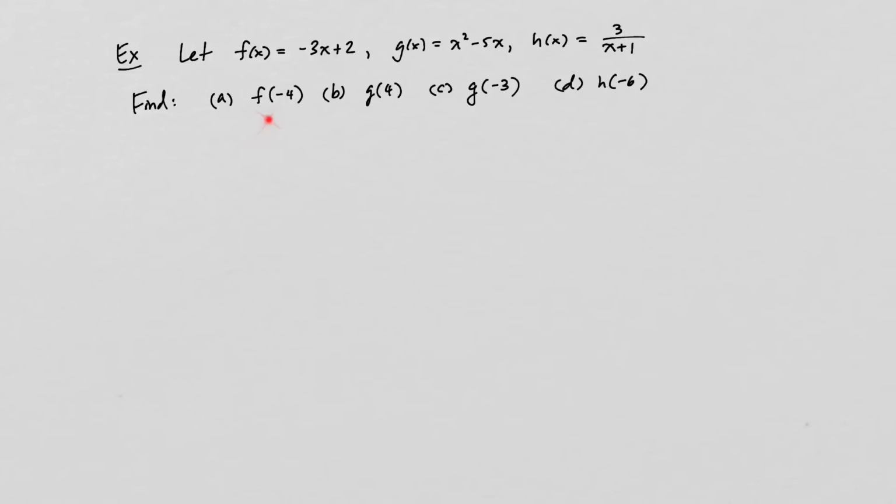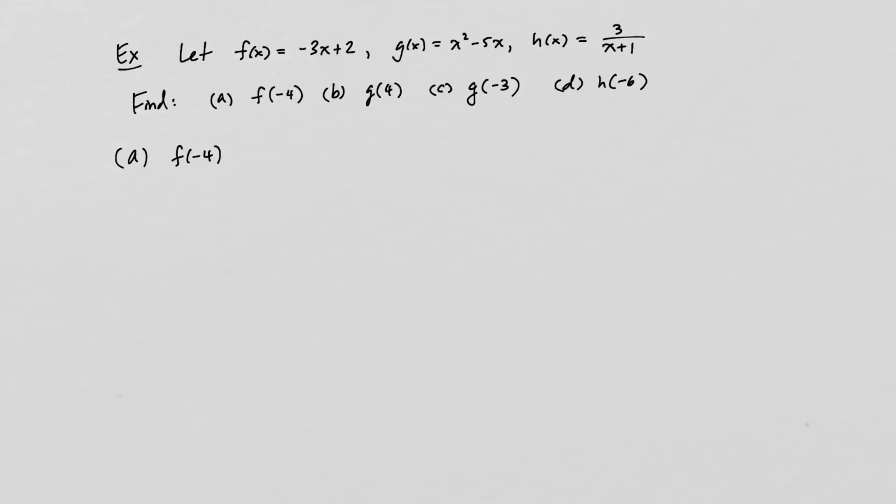And so down here, if I say, find f of negative 4, think about what you're being asked to do there. F of negative 4 quite literally means that you're replacing x with negative 4. So the number in here is the input value. It's the x value.